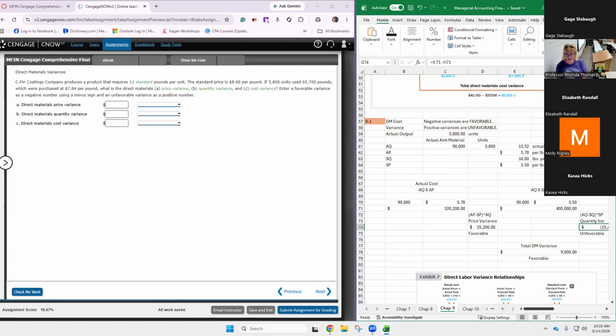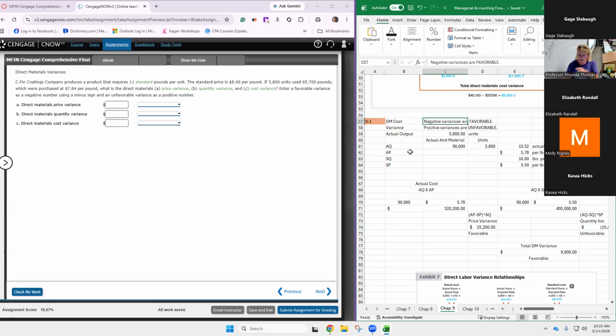Remember, variances are either calculated to be favorable or unfavorable. And since we are looking at costs, the more we spend, the less favorable it is, or the more unfavorable it is. So let's put down some information, okay?